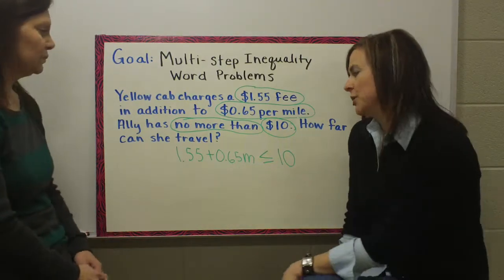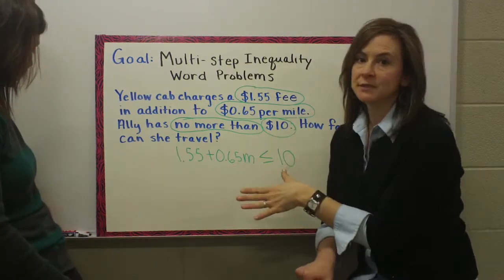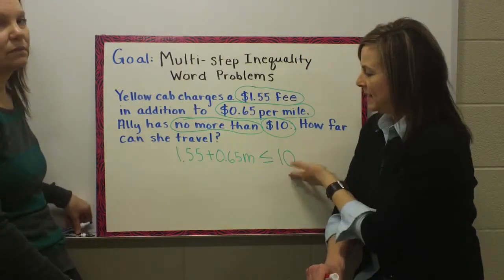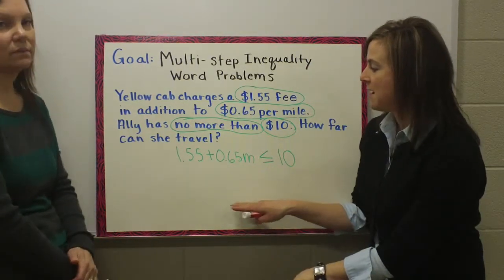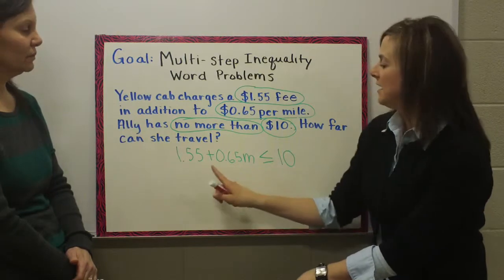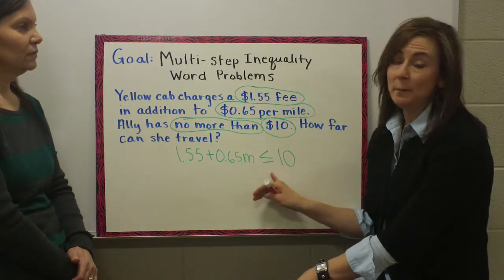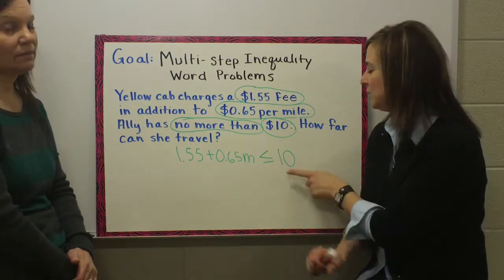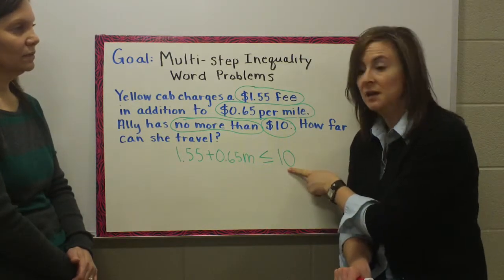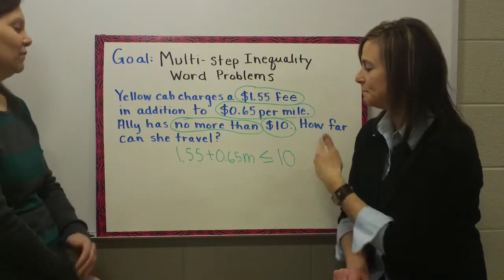So after we have analyzed the words in the problem and applied them to a mathematical sentence, you will see what we have. $1.55 and 65 cents per mile cannot be more than, has to be less than or equal to the $10 she has in her pocket. Otherwise, the police might get involved.